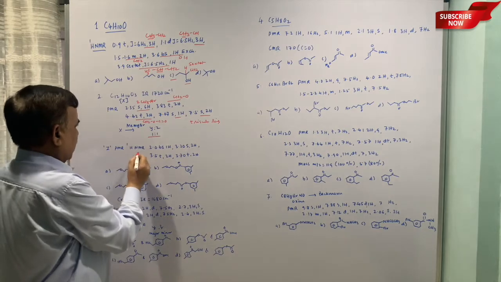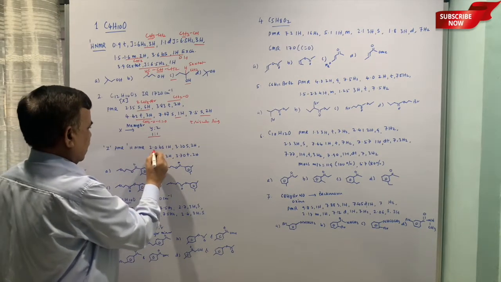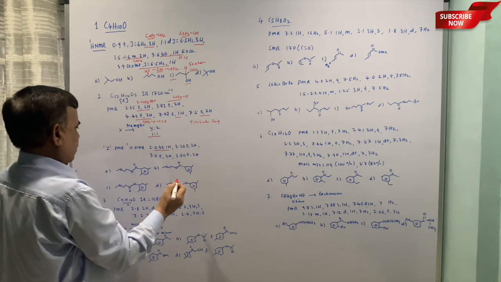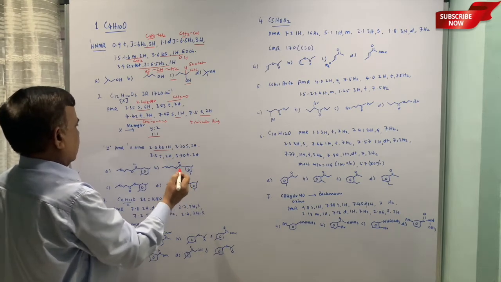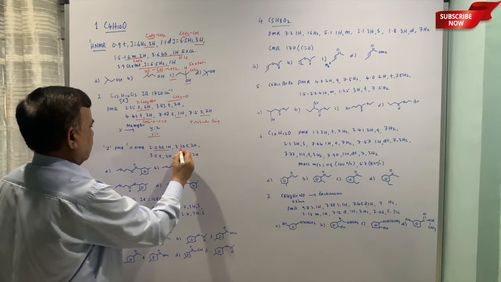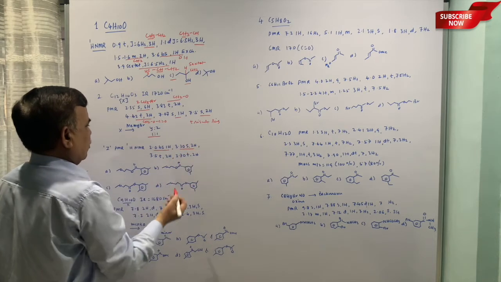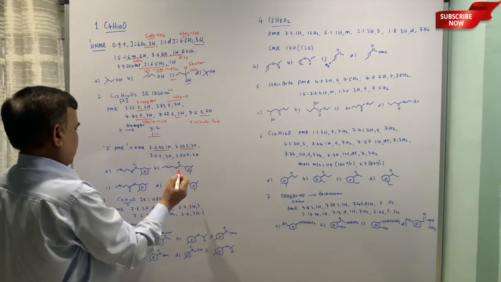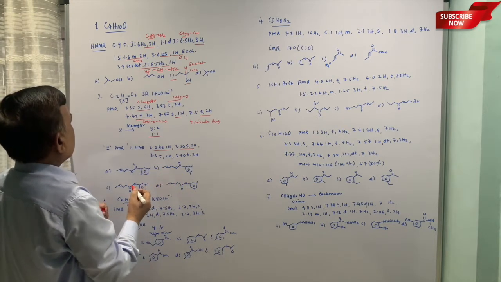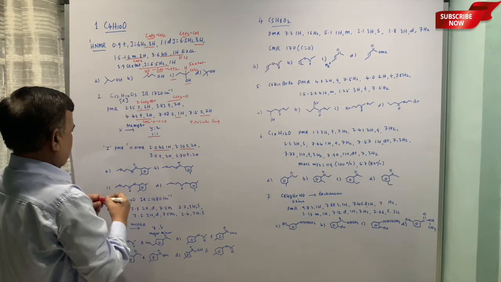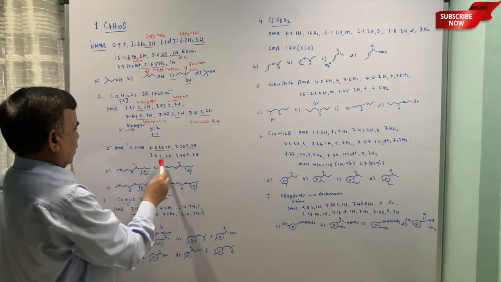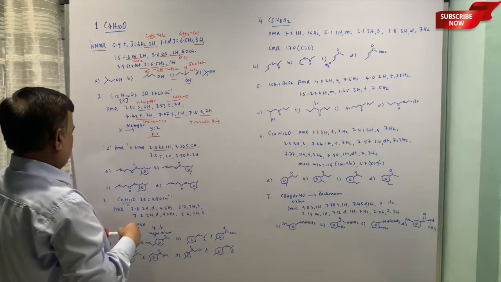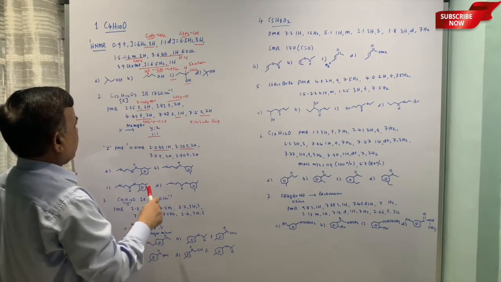Now proton NMR: broad singlet 1 proton, then 3.3 singlet 2 protons, and 3.7; probably these numbers are not matching.